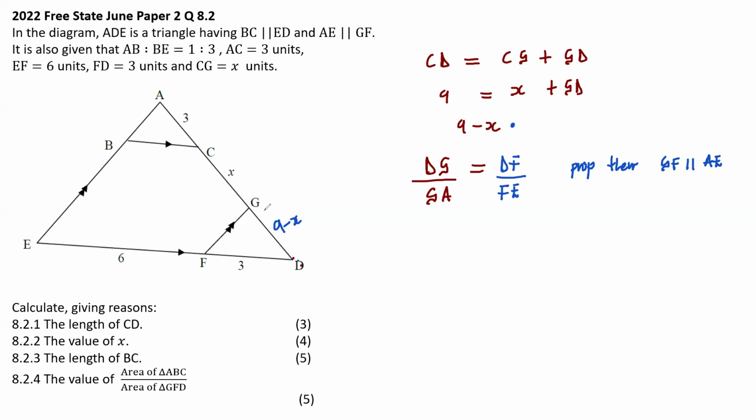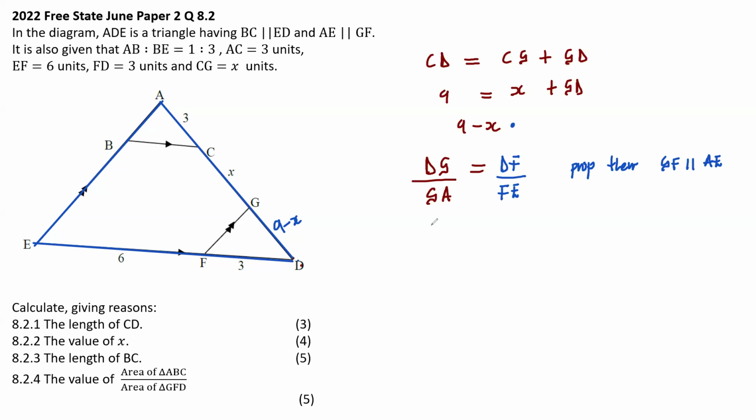Then I'm using the parallel lines GF and AE to make my life clear, and I'm saying DG over GA is equal to DF over FE.